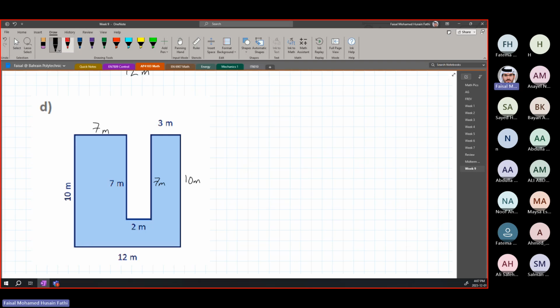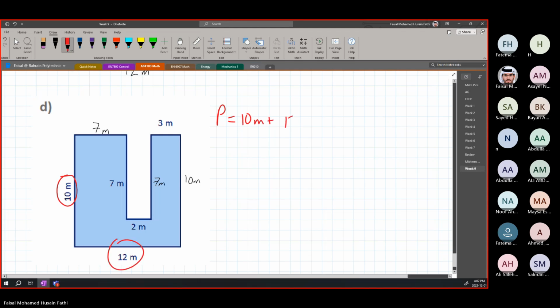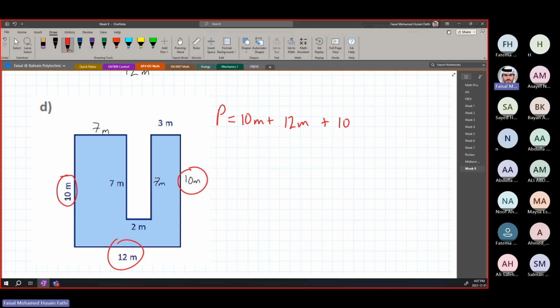And now we just write the perimeter equation and go step by step. Start from here: 10 plus 12 plus 10 plus 3 plus 7 plus 2 plus 7 plus 7.